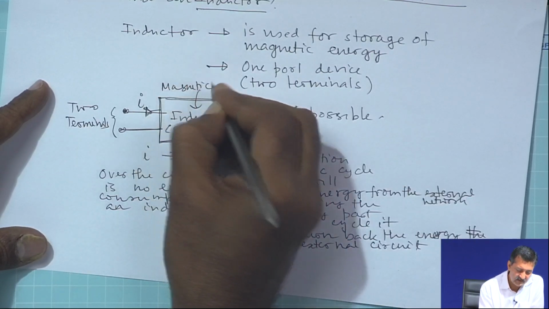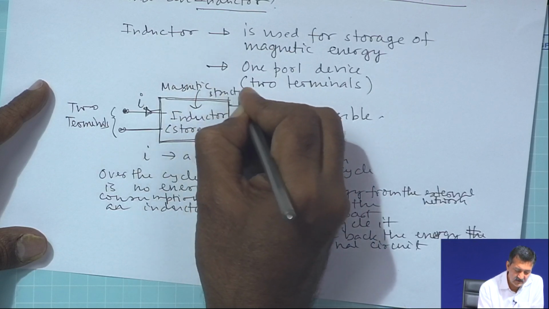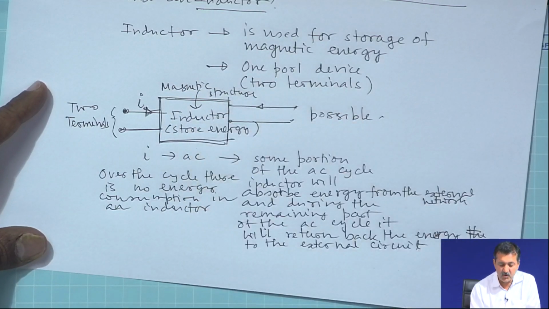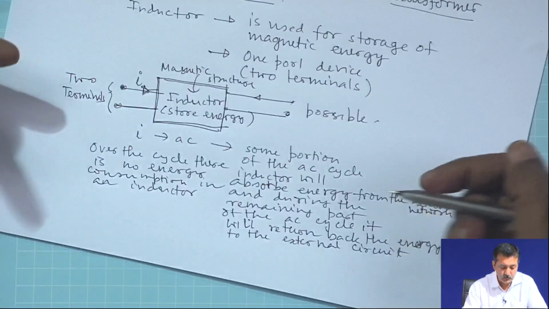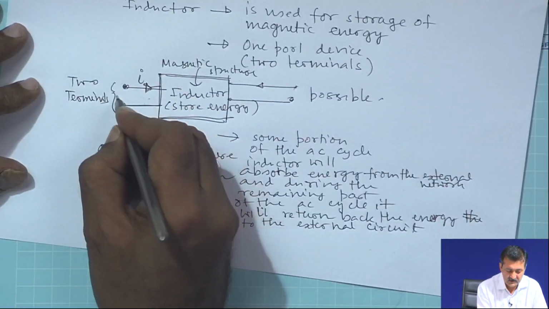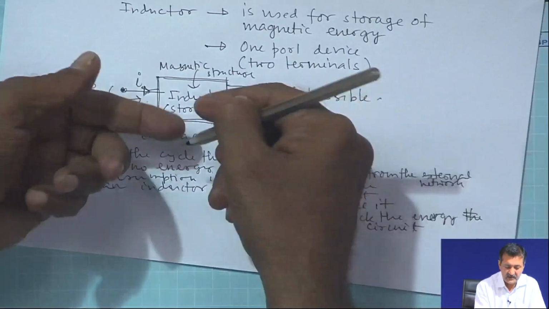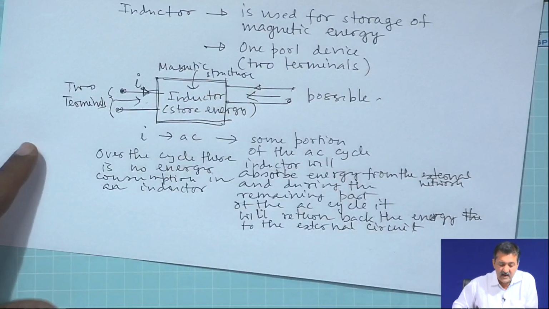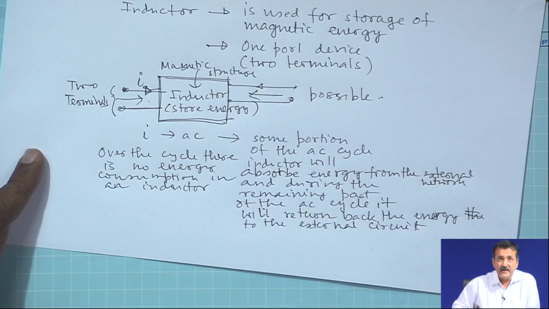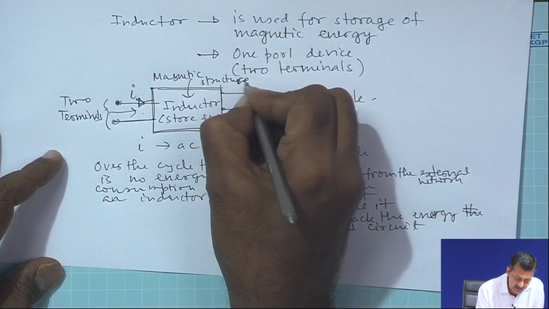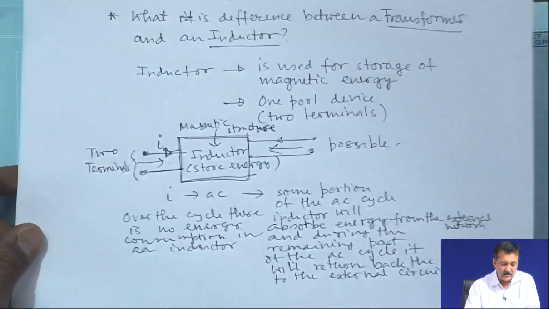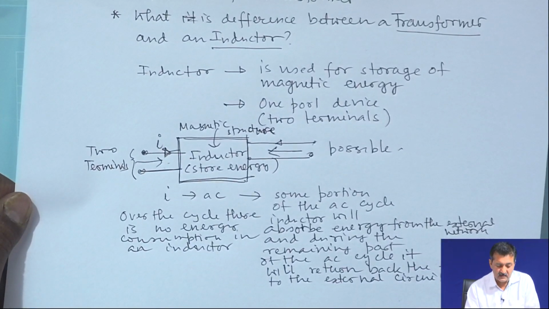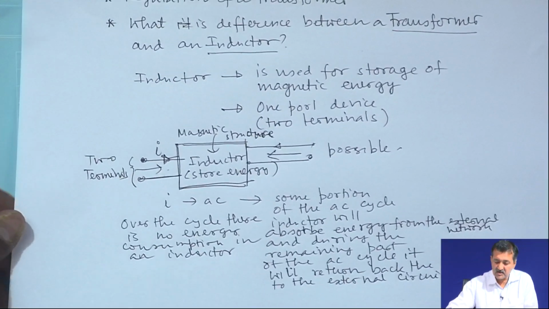In the magnetic structure it is possible to have two ports, and through this port as well as this port, energy will come in and get stored in the magnetic structure. This is the essential functionality of an inductor, whereas the transformer's job is not to store energy.